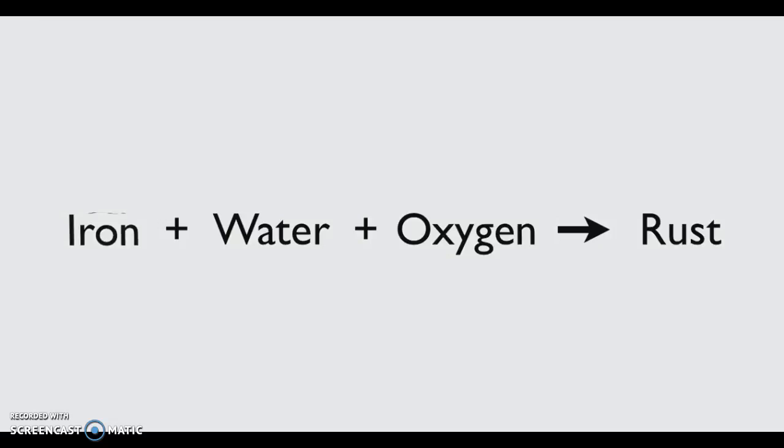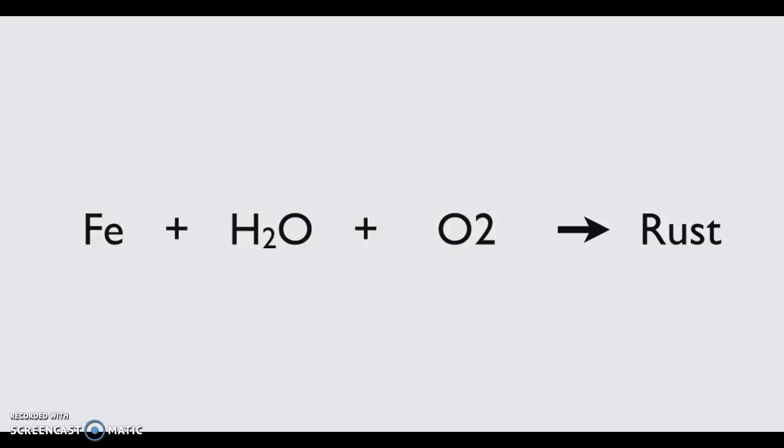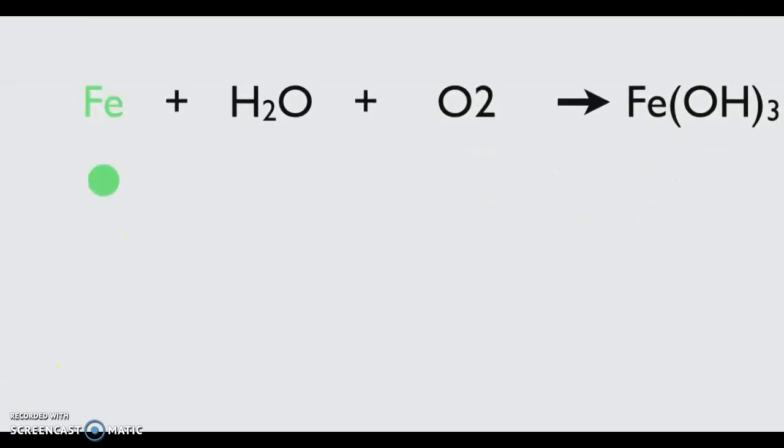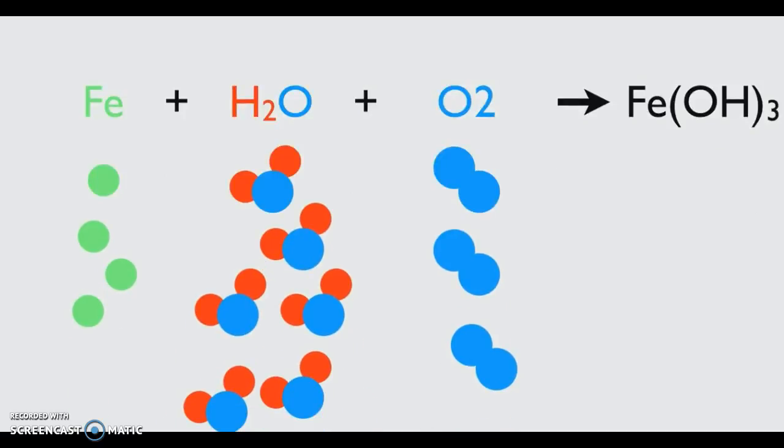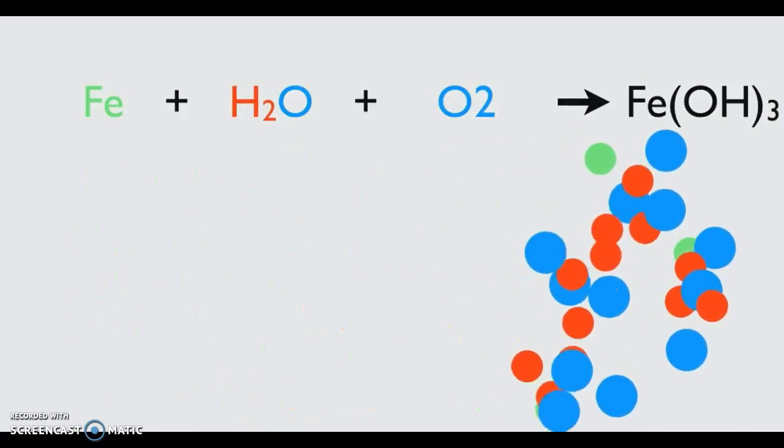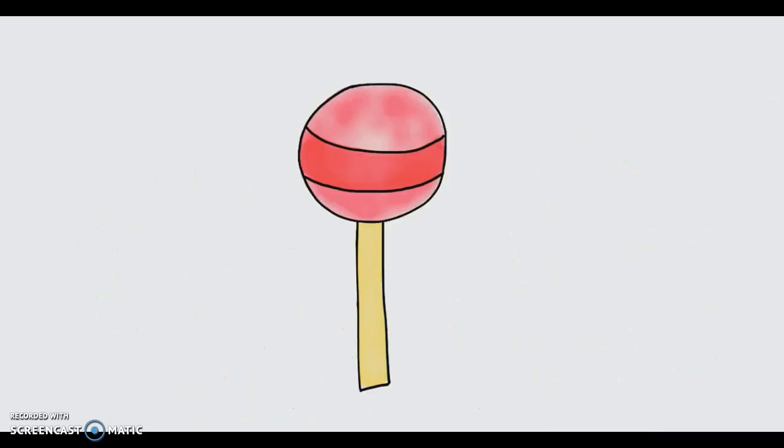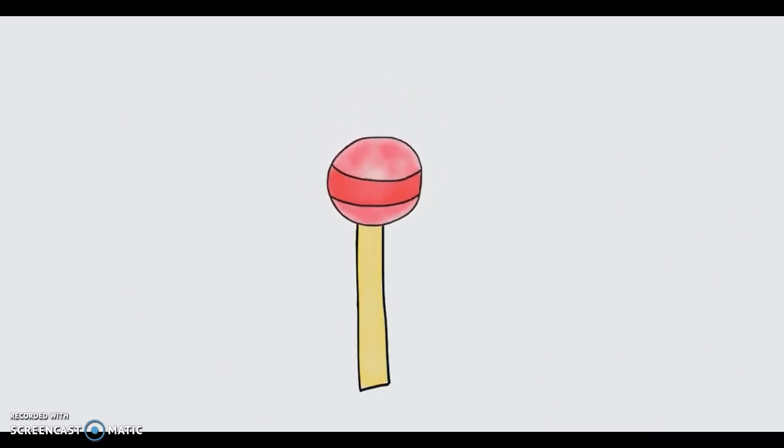The process of rusting can be seen in a chemical formula. Iron plus water plus oxygen yields iron 3 oxide, or rust. In this chemical equation, we start with iron, but end up with something brand new. Another chemical change happens when you eat sugar.